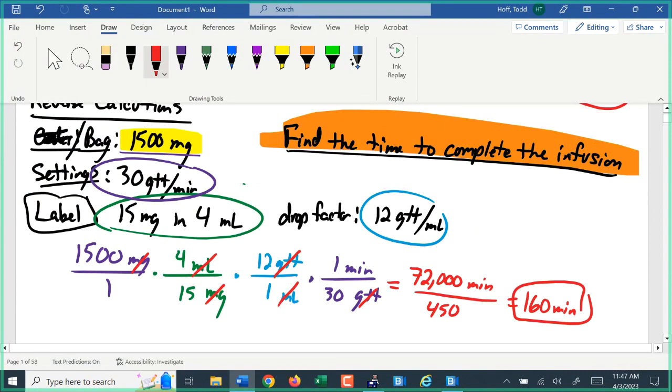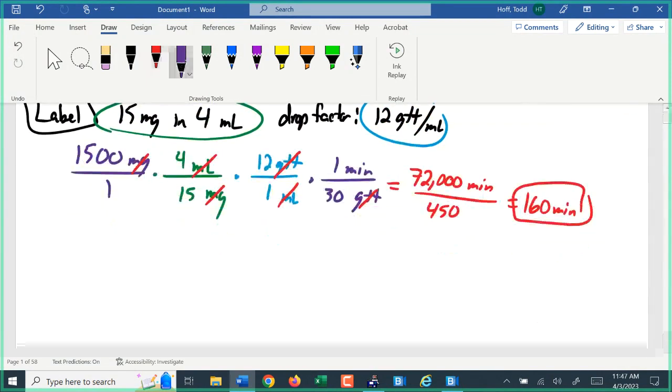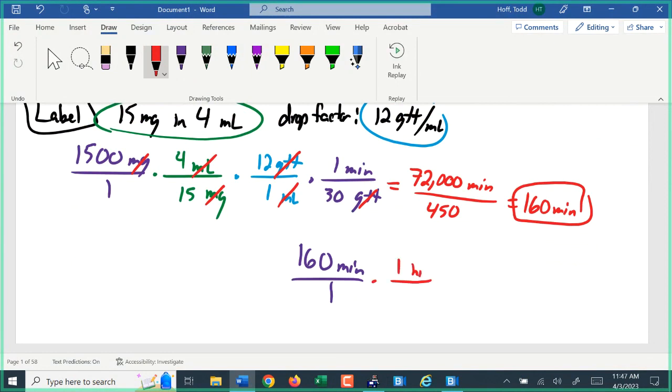We could leave it at that, or we could do the conversion and turn minutes into hours. We know that 1 hour is 60 minutes. The minutes will cancel out. This becomes 160 over 60 hours, and we can reduce that.